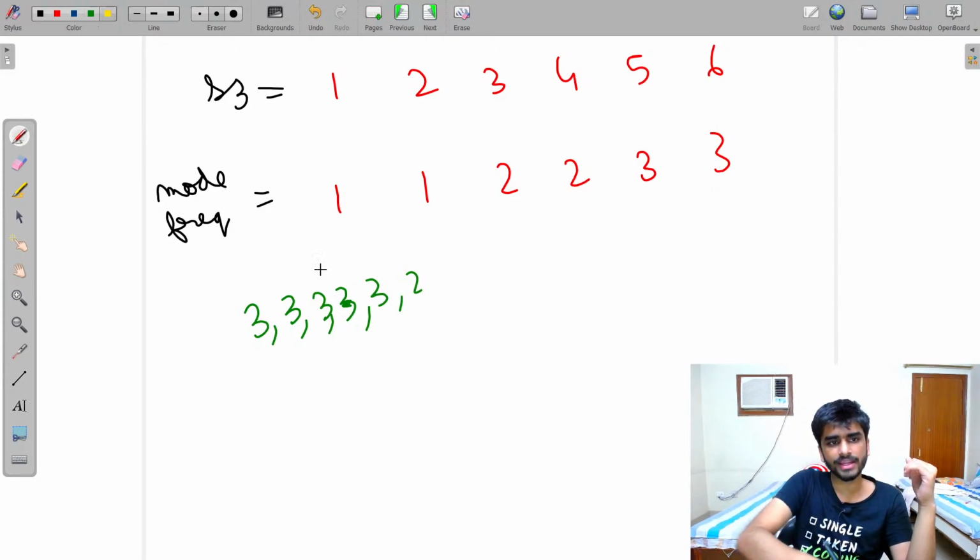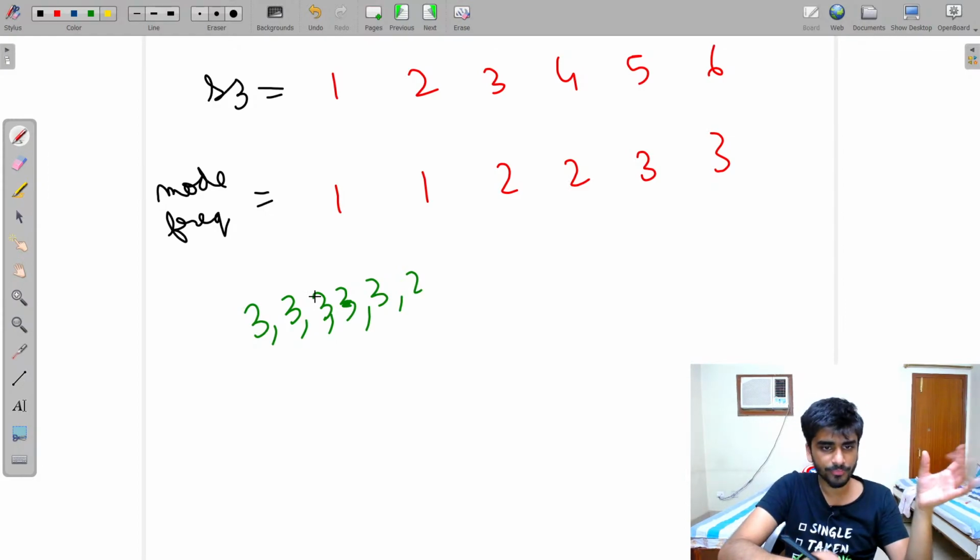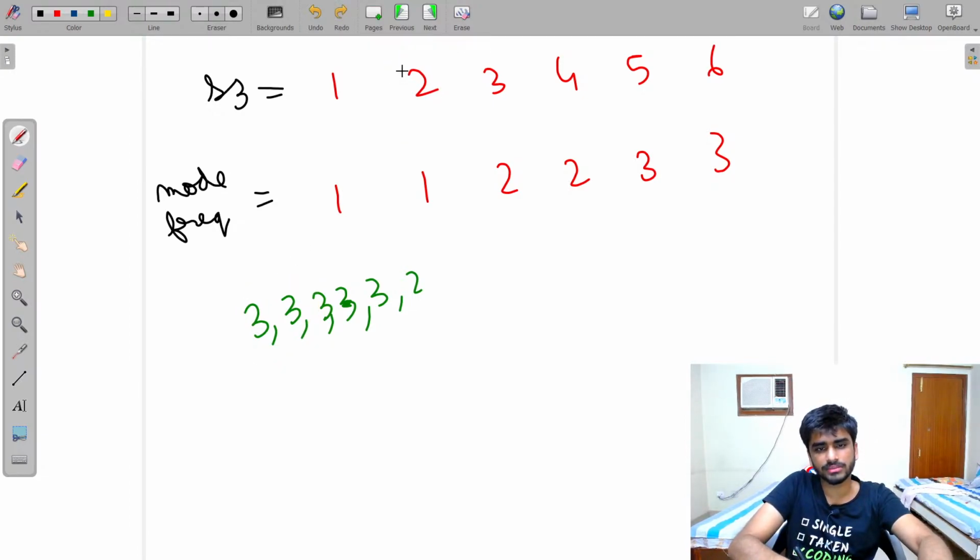Obviously we will partition this into multiple subsequences, and the smartest way to do it is to put the 3s in a single subsequence alone. We cannot put two 3s together, because with a subsequence of size 2, only a mode frequency of 1 is allowed.